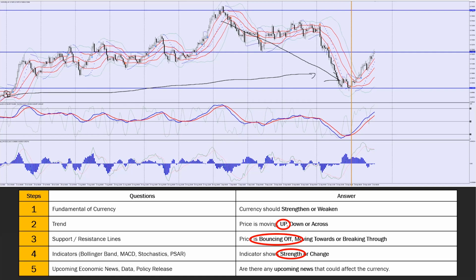Price is bouncing off support level. Indicators are showing change and strength. This is where you'll be looking to enter that trade here, stop loss here, take profit level, and you see that it moves straight towards your take profit level.